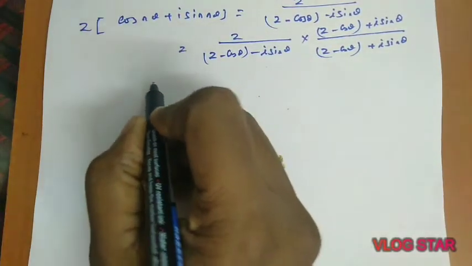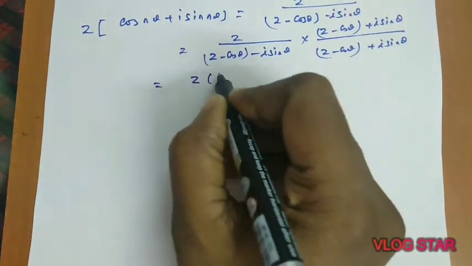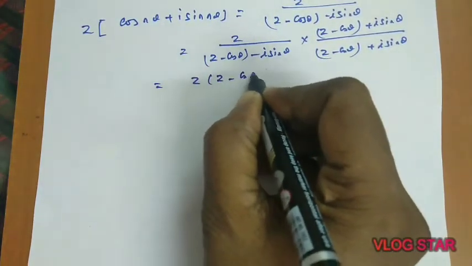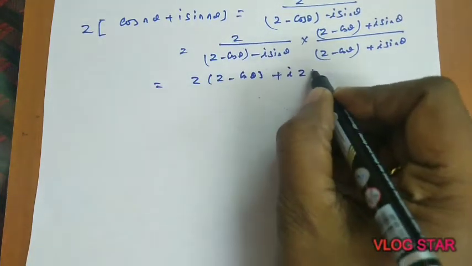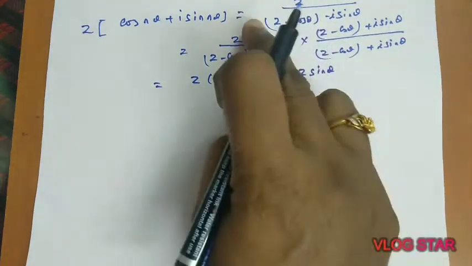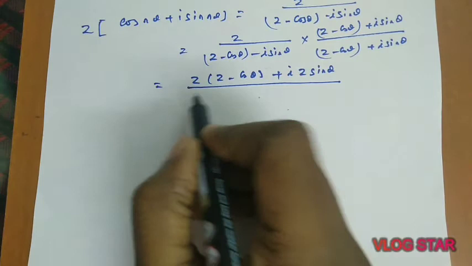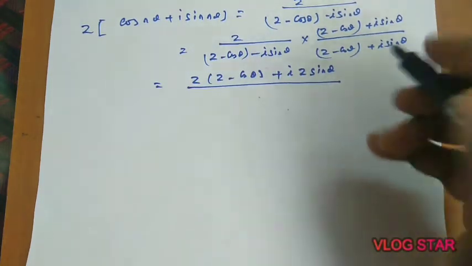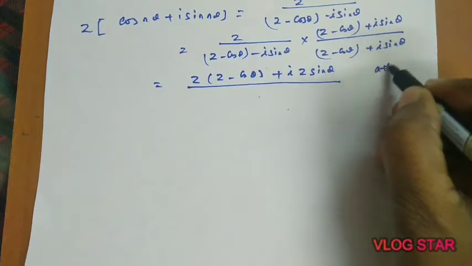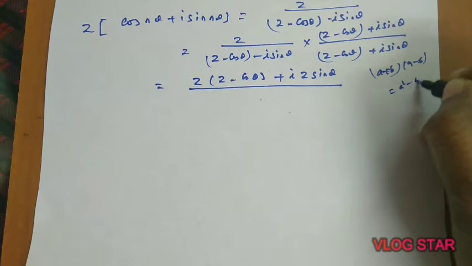Now we can multiply the numerator: z into z minus cos theta plus i z sin theta. So we have multiplied by z, and the denominator is of the form (a plus b) into (a minus b). What is the result? (a plus b) into (a minus b) is nothing but a square minus b square.